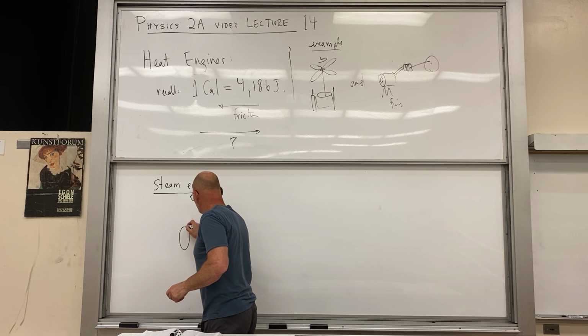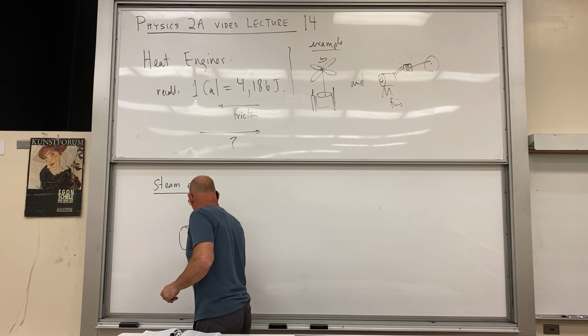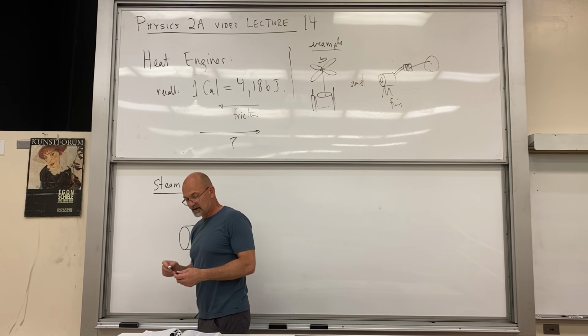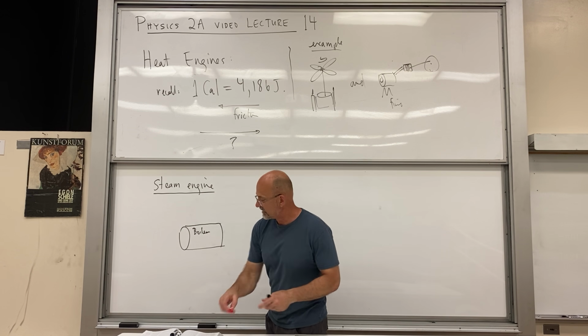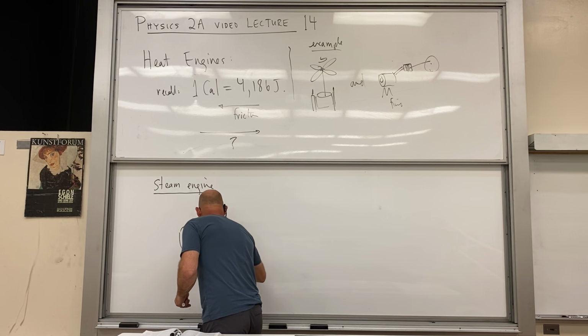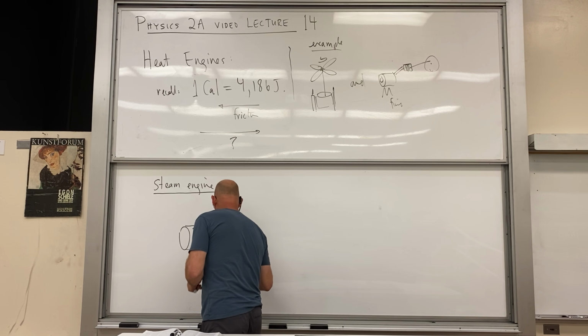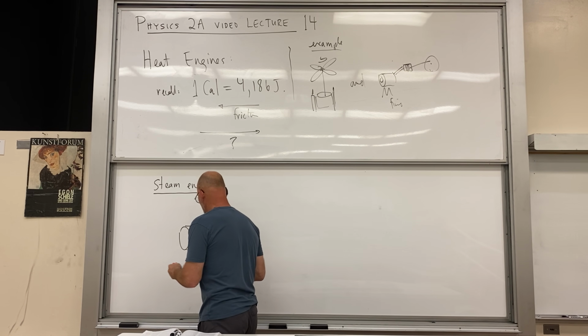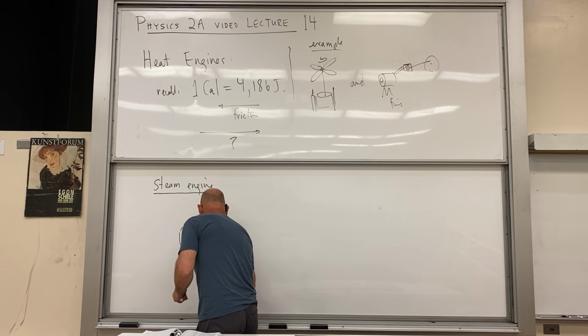So what we have here is a boiler. I'll just write boiler. You know, we've got colors today, so we'll color our fire red. So we've got fire there coming off of some fuel.